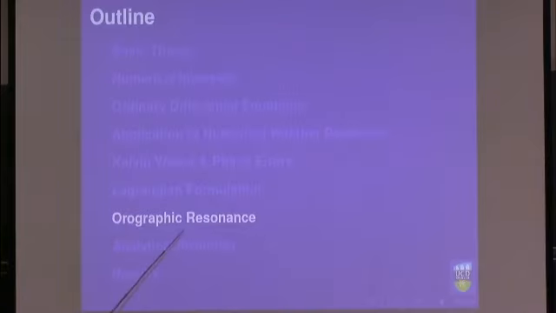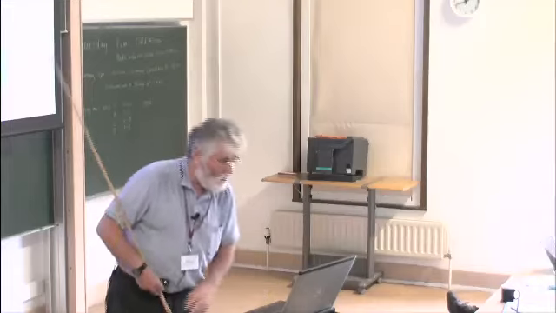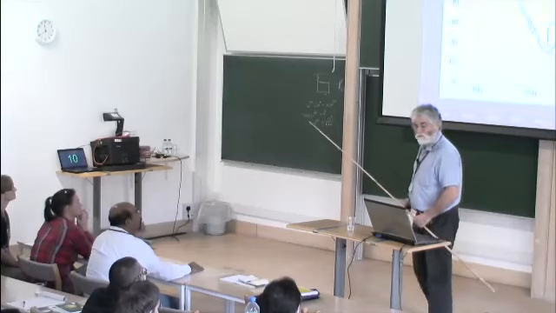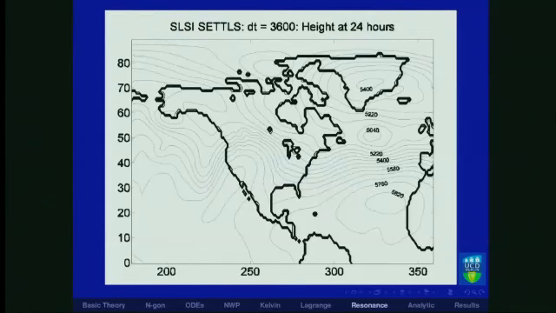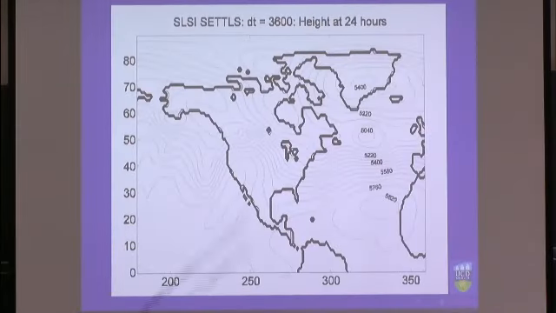Is it any good? Well, we did one test using this scheme in the Lagrangian context. We looked at the problem of orographic resonance. This is a well-documented issue with semi-implicit, semi-Lagrangian long time step models. This shows one such integration using the semi-implicit scheme. It's a 24-hour integration.